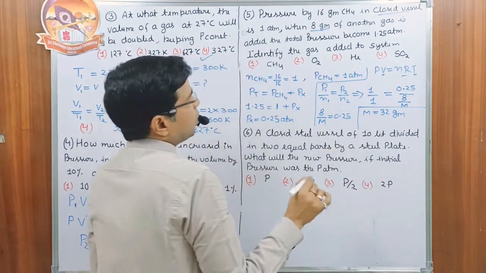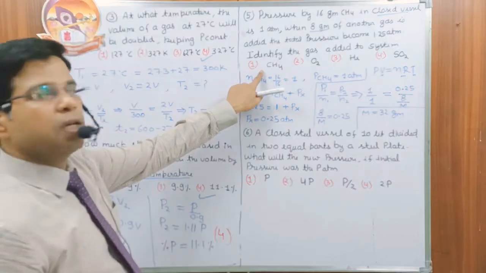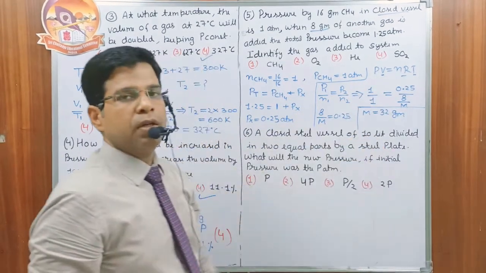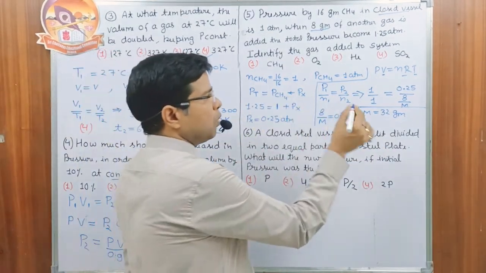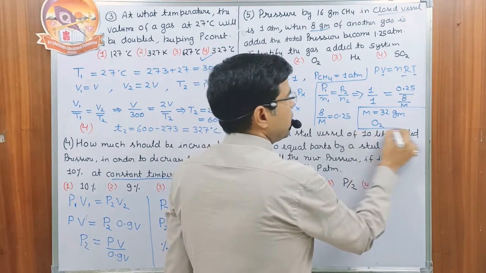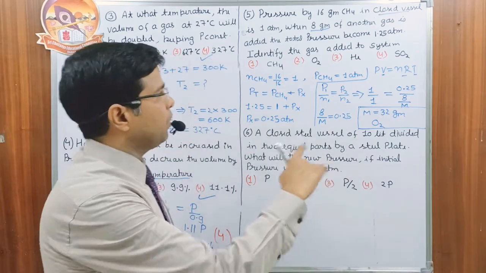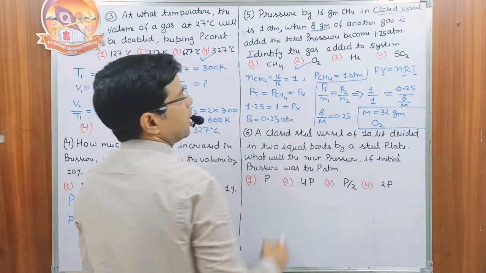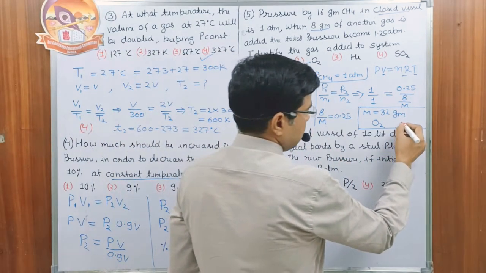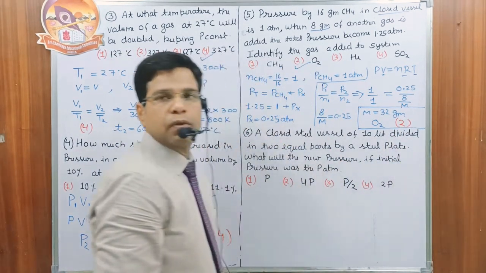The molar mass of CH4 is 16, O2 is 32, helium is 4, and SO2 is 64. So 32 gram molar mass is the mass of the oxygen gas. So which gas have we added in the system? We have added the oxygen gas. That's why the correct answer of this question is option number 2.